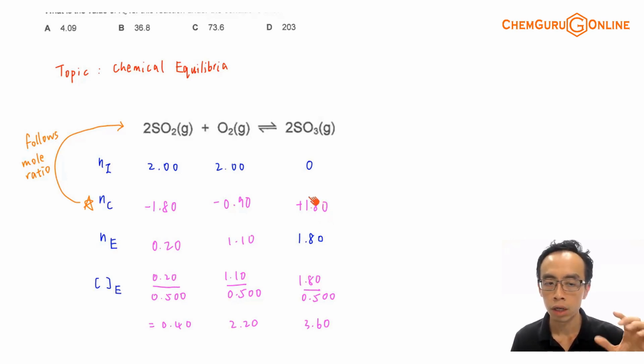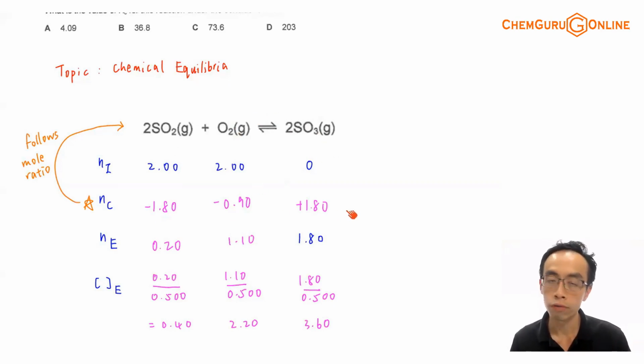And if I have this change in SO3, which is plus 1.8, then what I can do is I can fill up this entire change row. This change row will follow the mole ratio of the balanced equation. The balanced equation says that 2 moles of SO2 will react with 1 mole of O2 to give me 2 moles of SO3. 2 is to 1 is to 2.